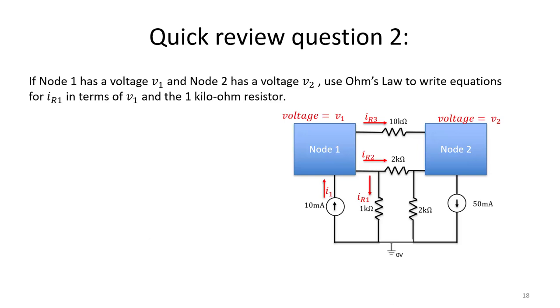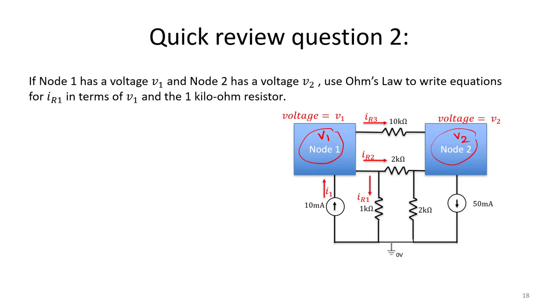Let's try another review question. Once again, feel free to pause the video if you'd like to try it yourself. So here we are told that node 1 has a voltage V1 and node 2 has a voltage V2.